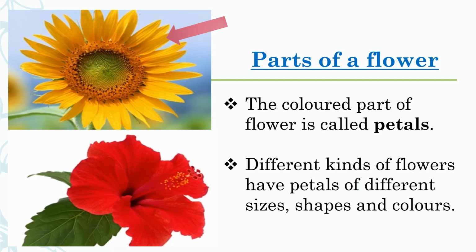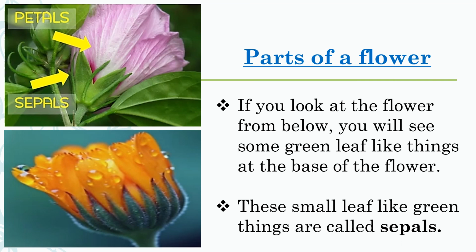Different kinds of flowers have petals of different sizes, shapes and colors. If you look at the flower from below, you will see some green leaf-like things at the base of the flower. These small leaf-like green things are called sepals.